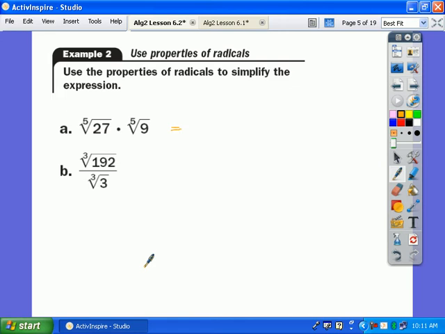So here, the property says I'm allowed to multiply 9 times 27, and we get 243. And now I can take the 5th root of that. And we're going to go backwards and forwards on these problems. Sometimes I'm going to give you something like this, and we're going to split it up. In fact, we're going to do that here shortly.